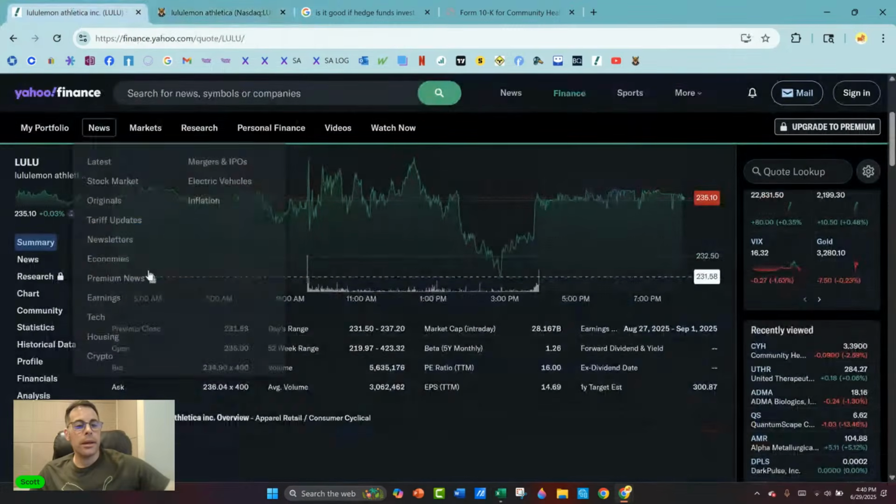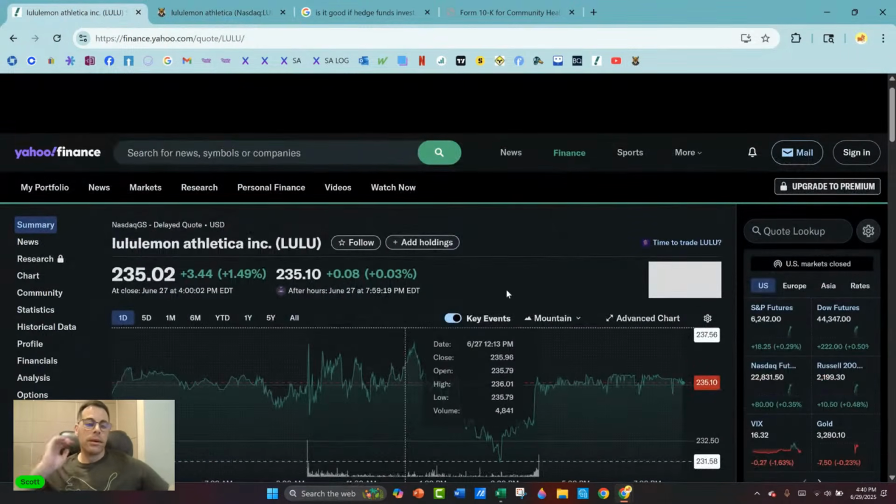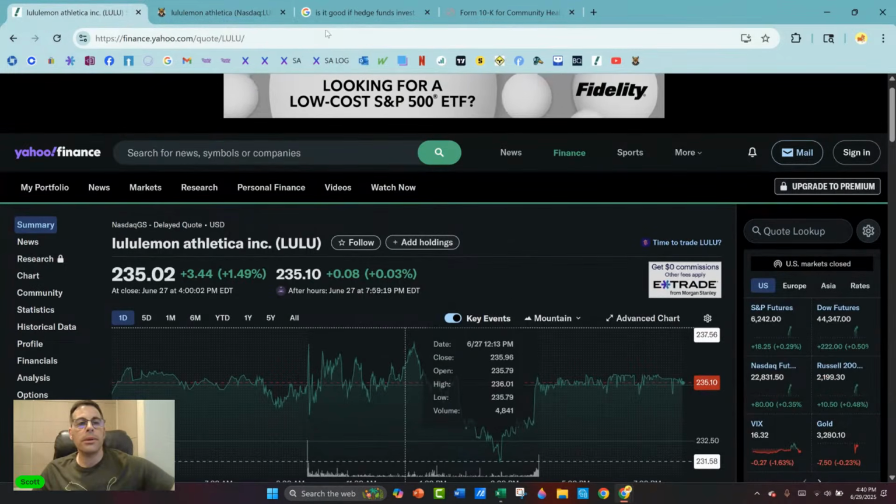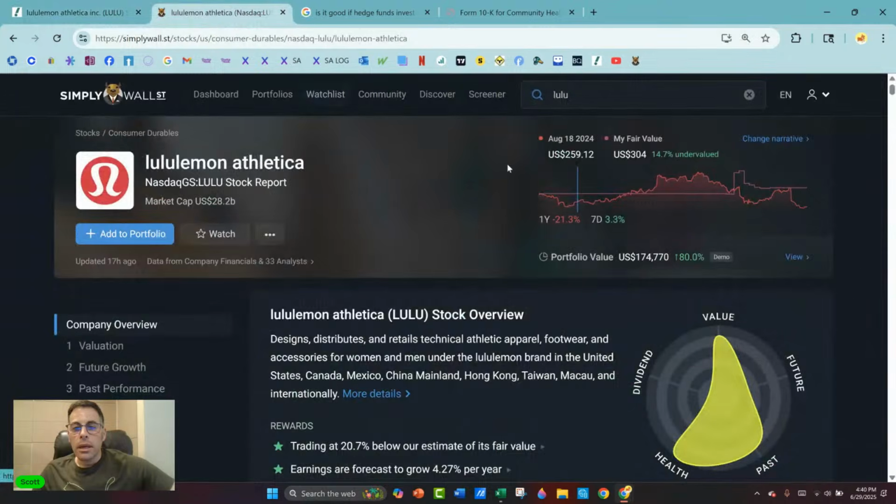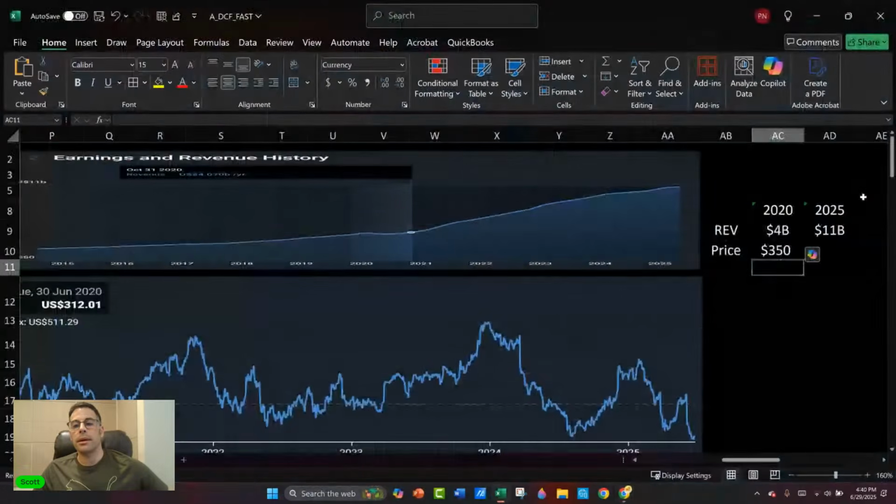How much is it? I can't find a stock price. 235. How come it doesn't show it on Simply Wall Street? Oh, it's this chart. This is the price chart. It moves because I move my ticker, and then I can't figure out how much it's trading at. Okay, 235.